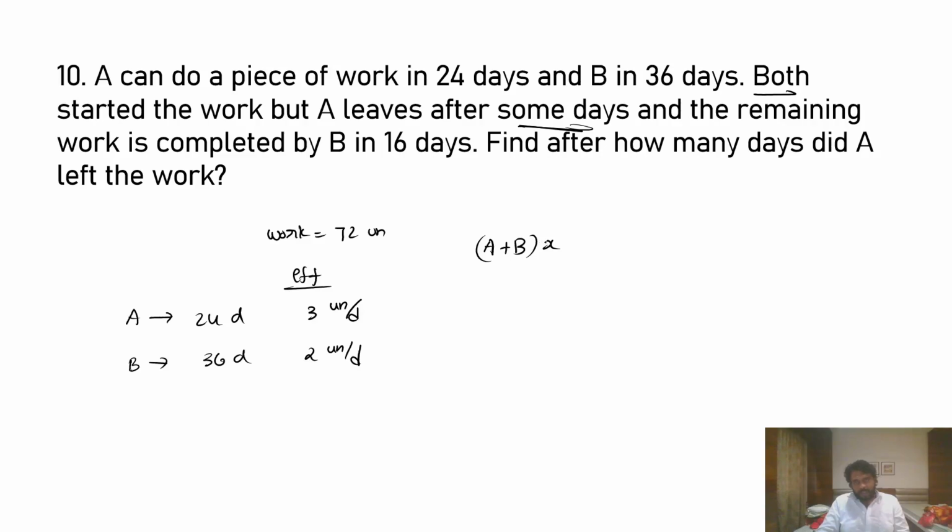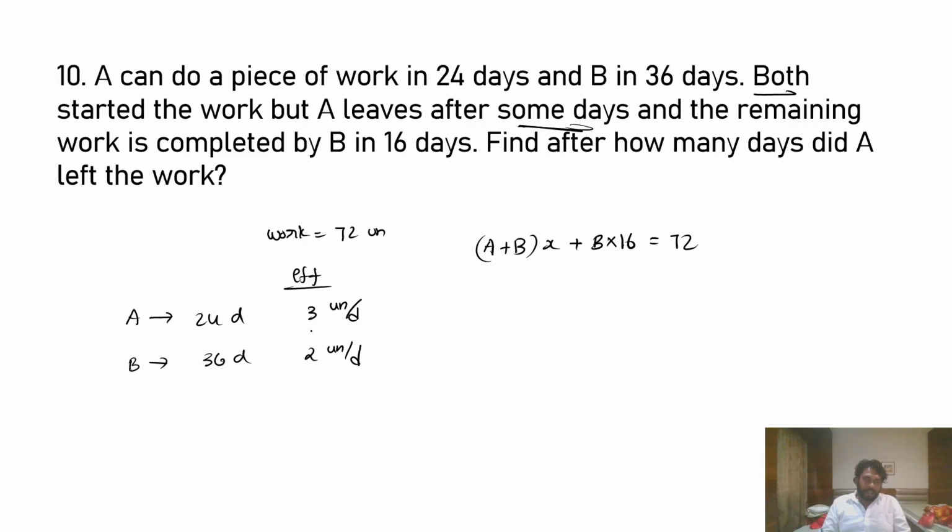The efficiency of both A and B multiplied by time, plus who is working? A left, B is working. B worked for 16 days to complete the remaining work. The total work completed is 72 units. You can write the equation like this, or else you can solve it without pen and paper.